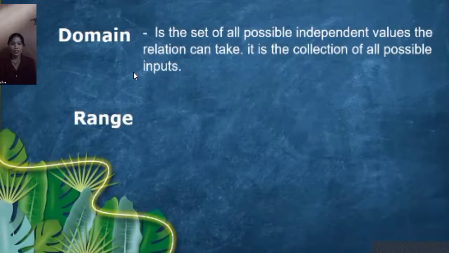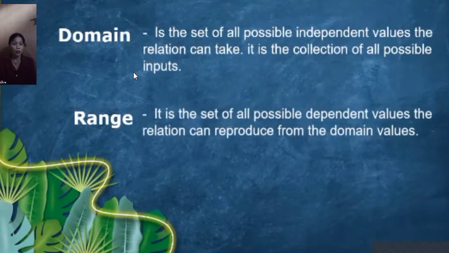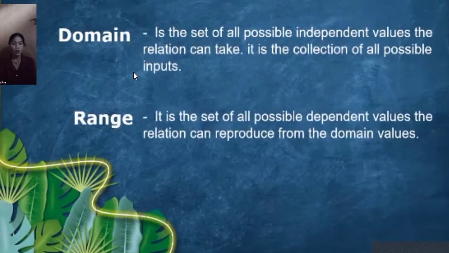And now we discuss our topics: domain and range and functions, okay? So domain is the set of all possible independent values the relation can take. It is the collection of all possible inputs. So when we say domain, in a set of ordered pairs, there is domain and range. The first element is what we call domain. So the domain is the set of all x coordinates.